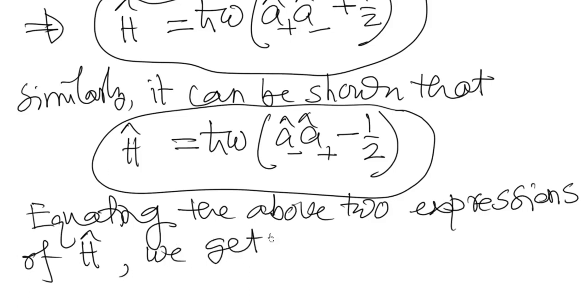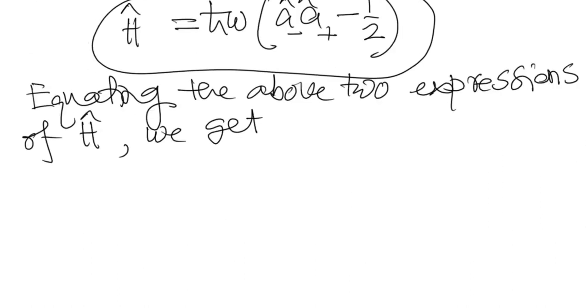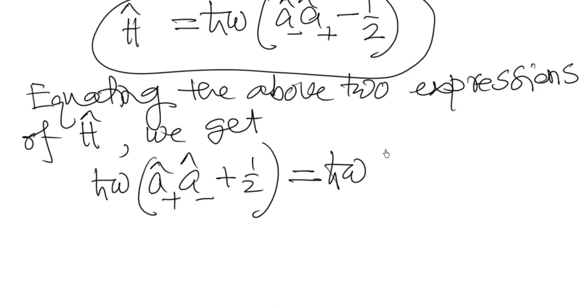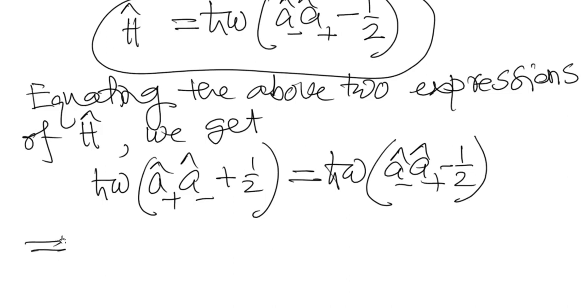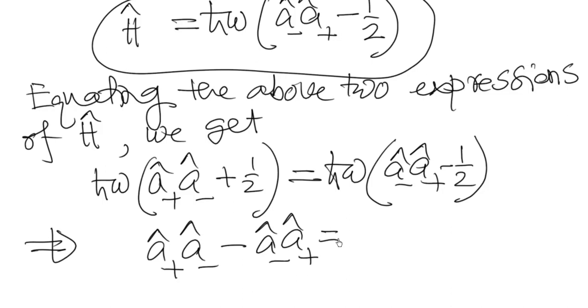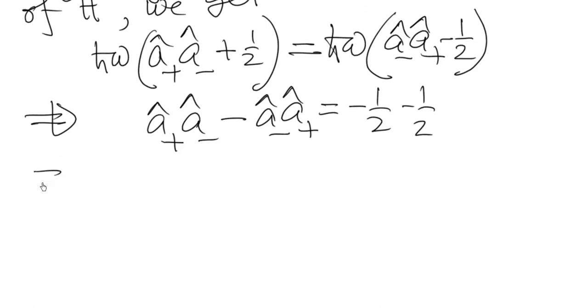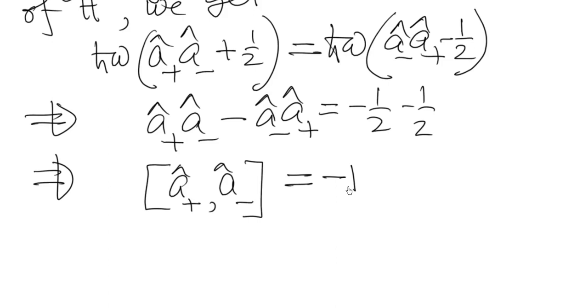then from this we can write down that the left hand side is nothing but the commutator of a plus and a minus, which is equal to minus 1.